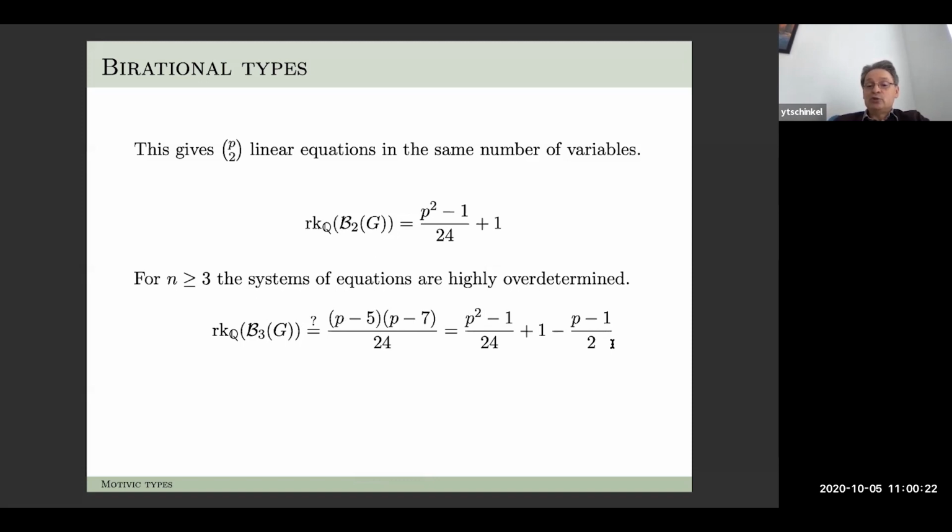But suddenly there are unexpected jumps at P equals 43, 59, 67, 83. And again, for 83, we're looking at 83 cubed variables and many, many equations.